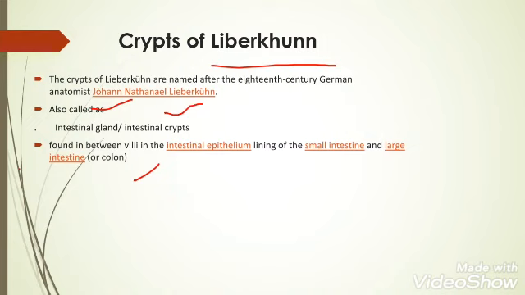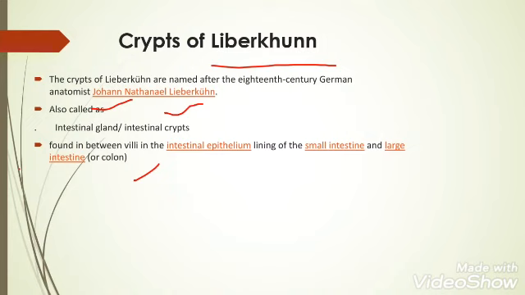Also we see the proliferation of cell division, by the help of stem cells. Also there are certain hormone secreting cells called enteroendocrine cells. Goblet cells are also there which go on secreting mucus. Based on different types of cells, there are different functions of the crypts of Lieberkühn.